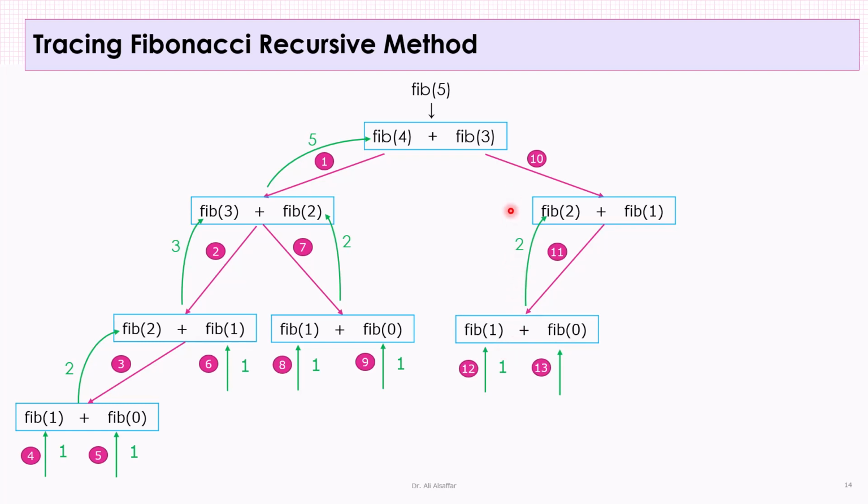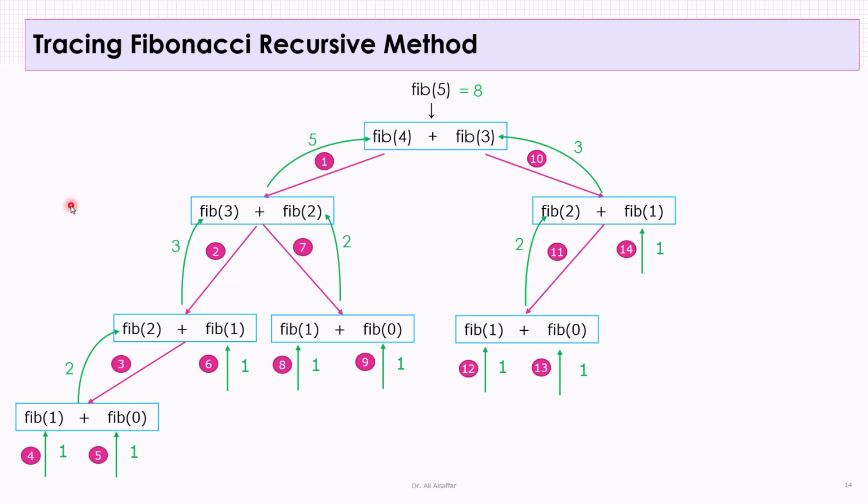Now we have finished calling the method with input 2. Now it is called with input 1, and this is the base case, so 1 is returned. So 1 plus 2 is 3, and 3 is the return value from this call. And finally, we have returned from calling the method with input 3. Now we add 5 and 3, and the final value is equal to 8.